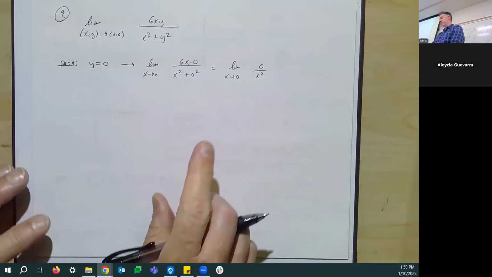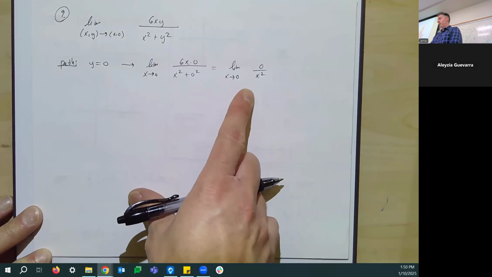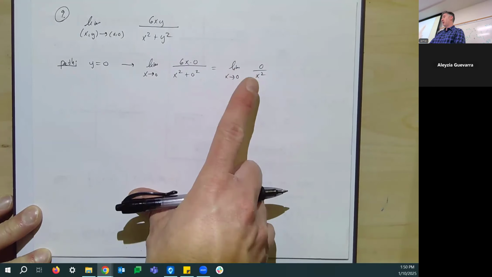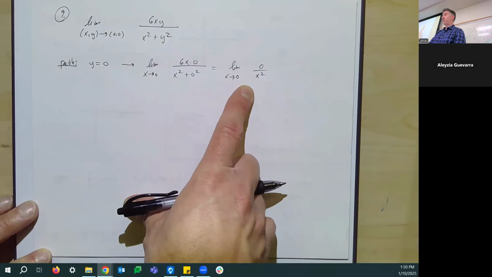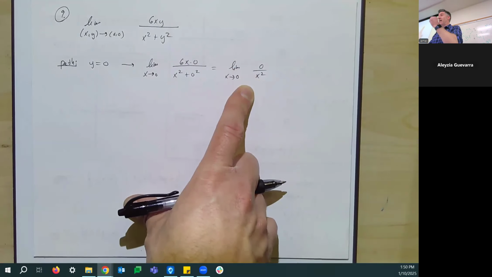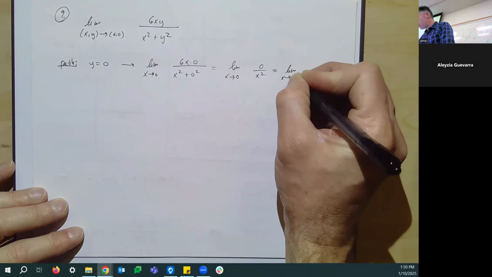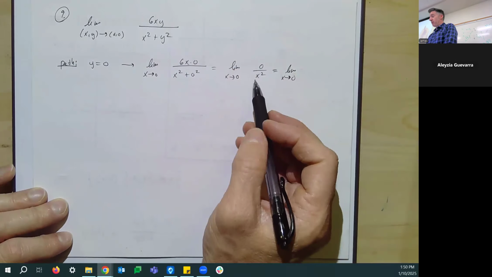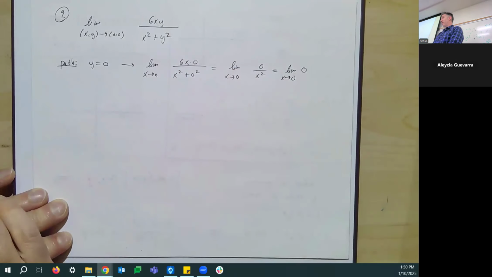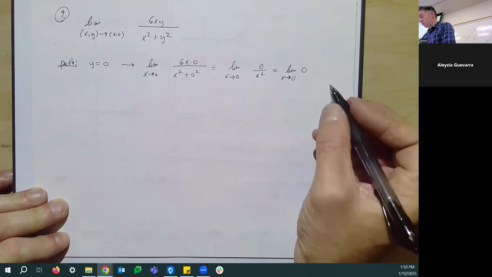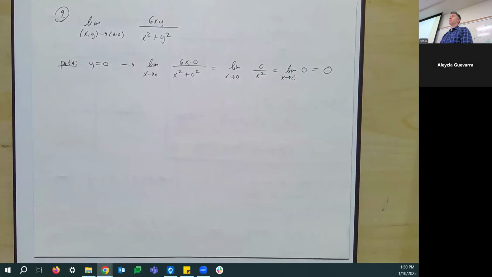I would not skip this step, but I would write that first. And then be like, oh, 0 divided by not 0. x squared is specifically not equal to 0 if x is approaching but not equal to 0. So we can think of this as the limit as x approaches 0 of 0 divided by not 0, which is 0. And the limit of a constant is whatever that constant happens to be.